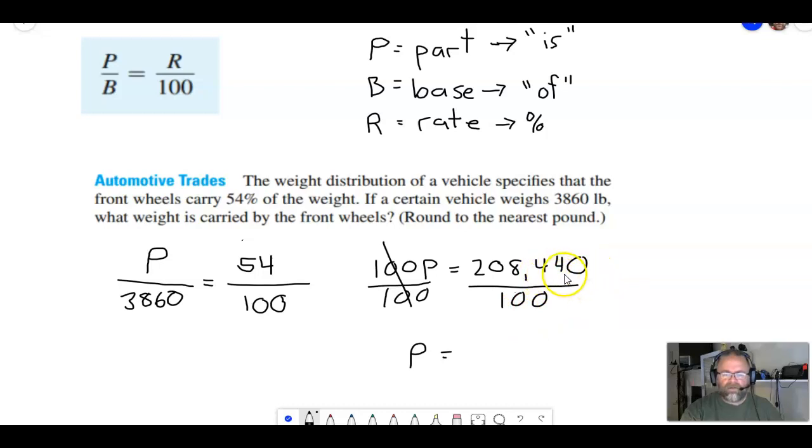So our final answer will be 2,084.4, and because this 4 over here is 4 or less, we keep this number the same. So it would be 2,084 pounds. And that would be the weight carried by the front wheels.